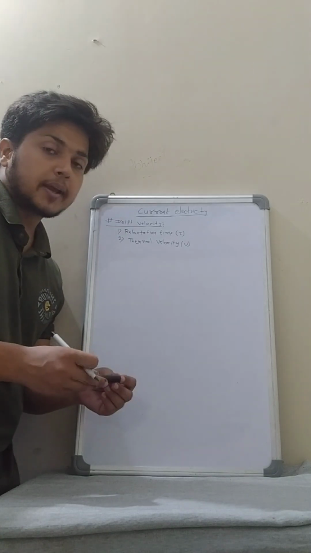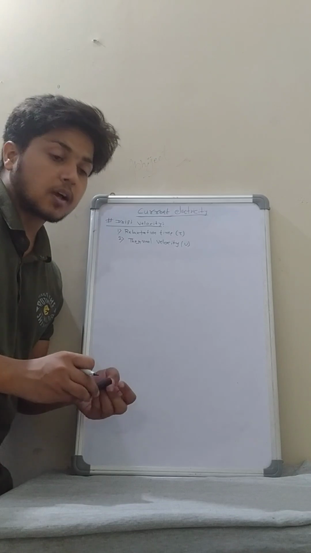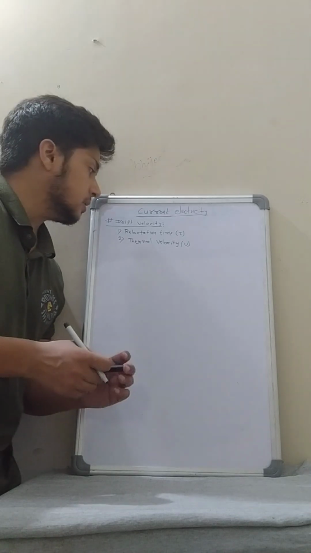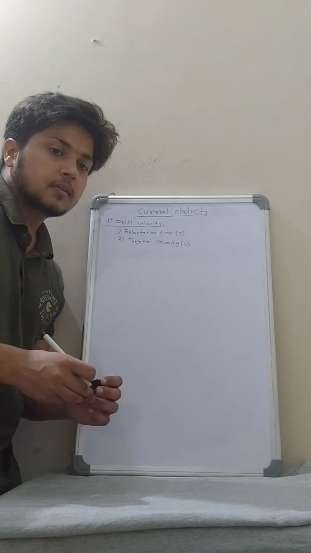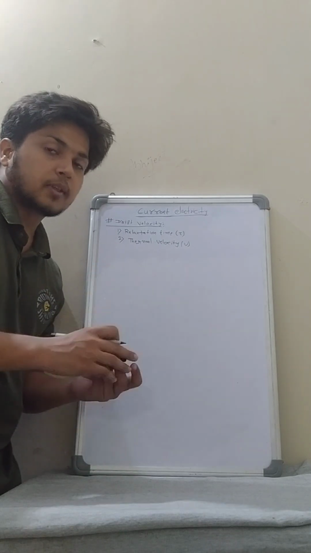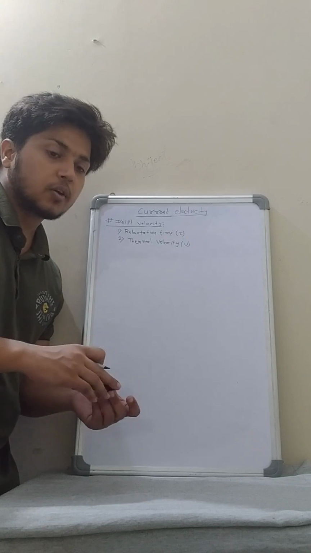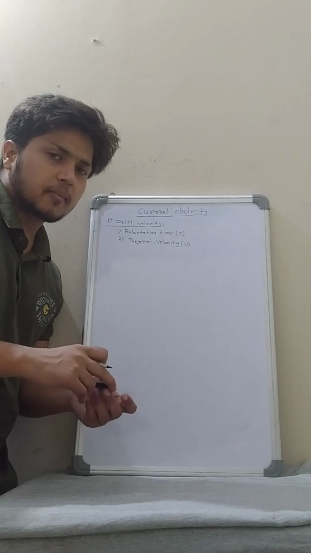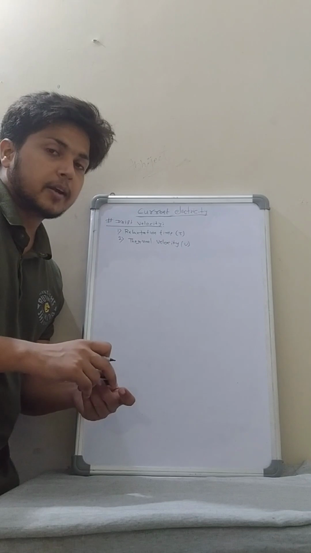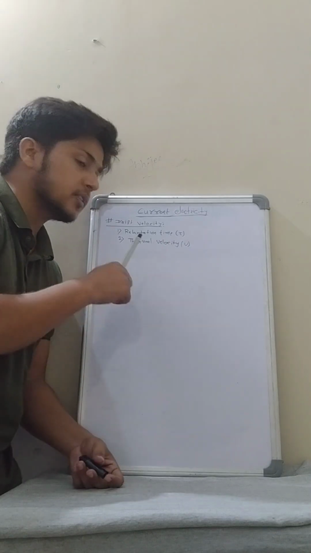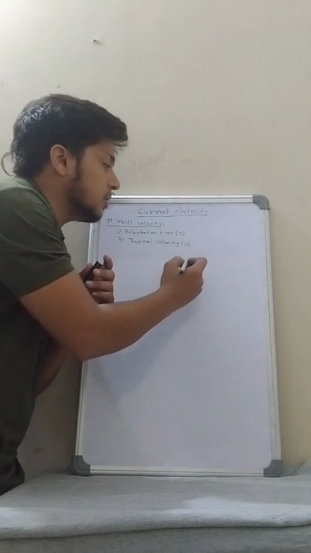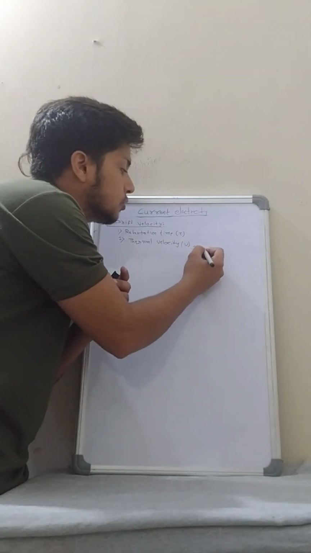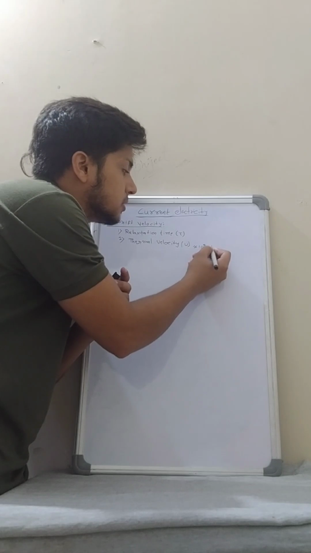There are many electrons in a conductor which are moving randomly because of this thermal velocity, since electrons achieve thermal energy from the surroundings. That thermal energy is very low, but due to the very low mass of the electron, this thermal velocity is very high, around 10 to the power 4 meter per second.